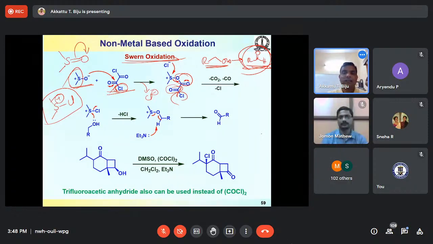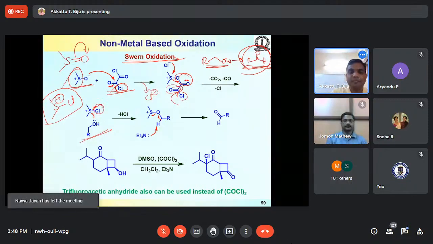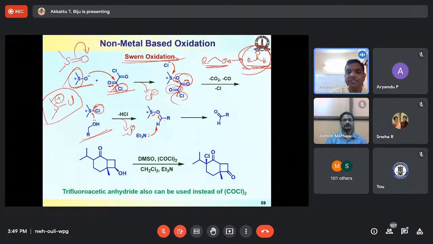And this is the key intermediate in Swern oxidation, the key electrophilic intermediate in the Swern oxidation reaction. And when we add the alcohol, it can add to the sulfonium salt to release a chloride to form this species. And in the end, we also use triethylamine in excess. The base will abstract a proton from the carbon atom attached to the alcohol to eliminate the dimethyl sulfide to form the product.